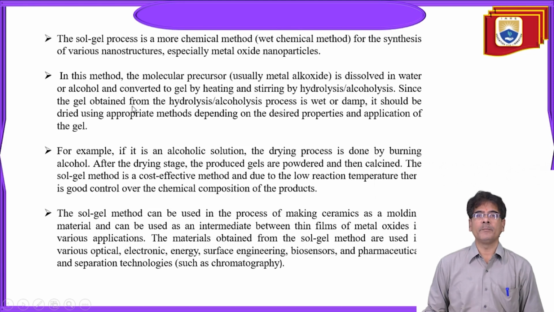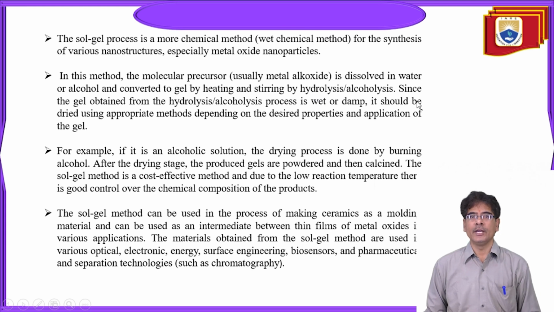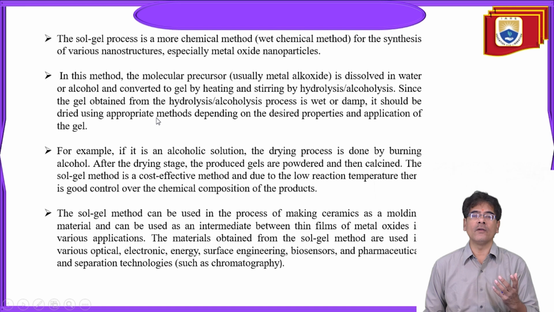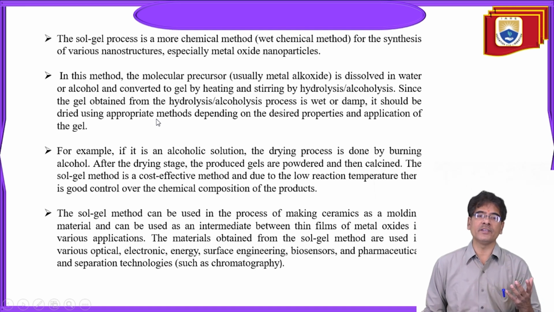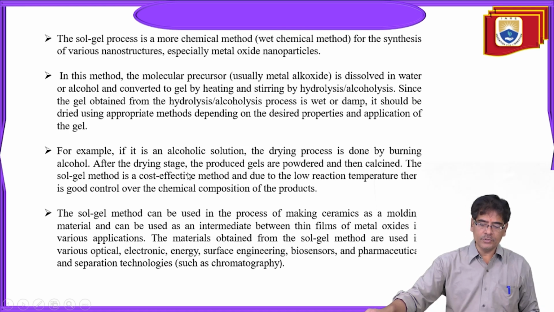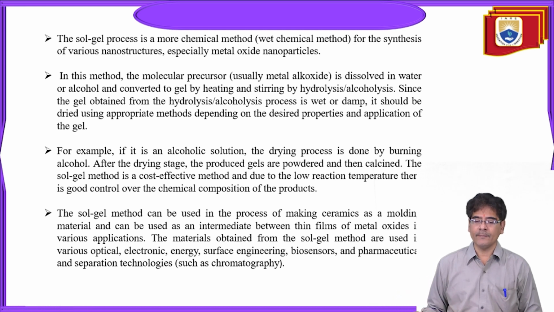Since the gel obtained is wet or damp, it should be dried using appropriate methods depending on the desired properties and applications of the gel. For example, if it is an alcoholic solution, the drying is done by burning the alcohol. After the drying stage, the produced gels are powdered and then calcined.